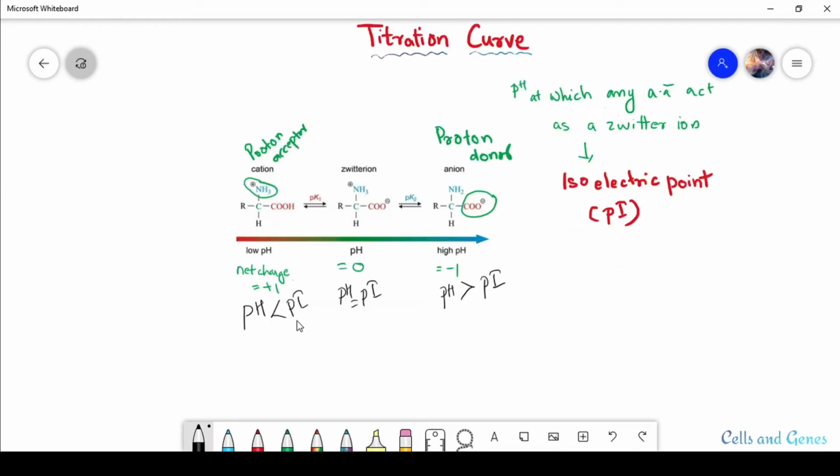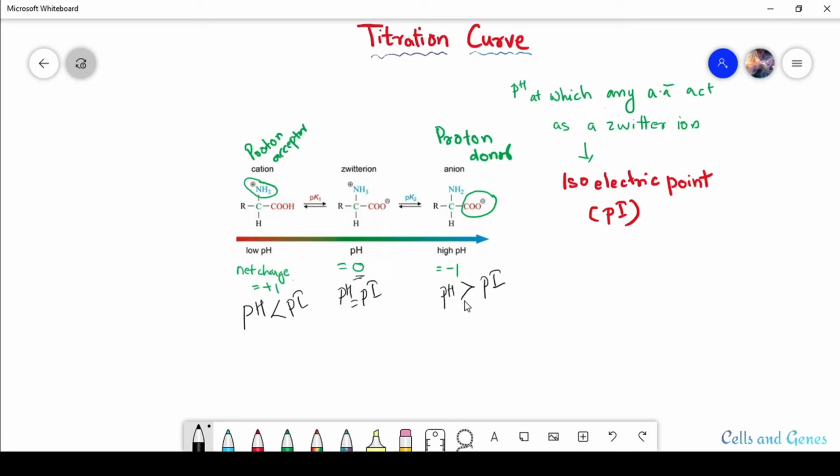Now considering the relation between the pH and pI. pI is the isoelectric point. If the pH is lesser than pI, then the net charge would be positive 1, and at that time it acts as a proton acceptor. The second condition: if the pH is equal to pI, then the net charge is 0 and it will act as a Zwitter ion.